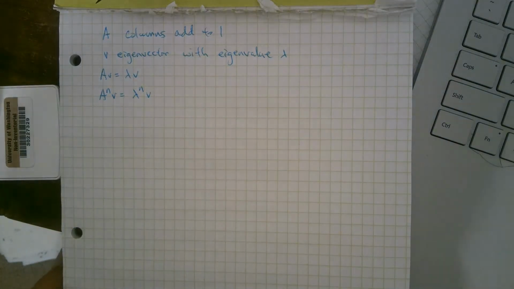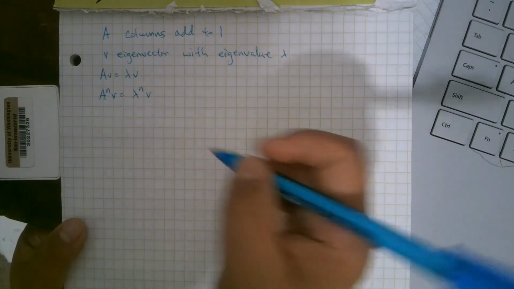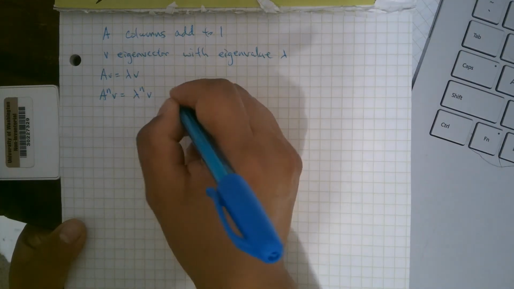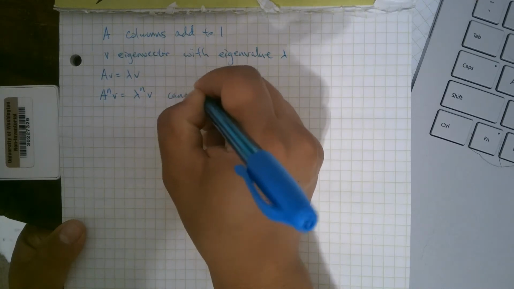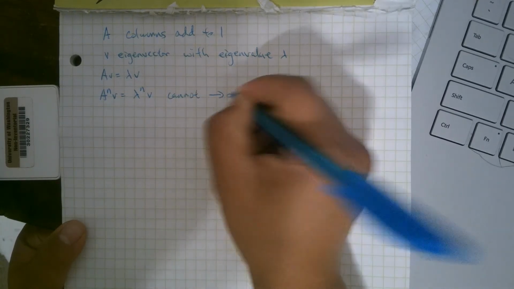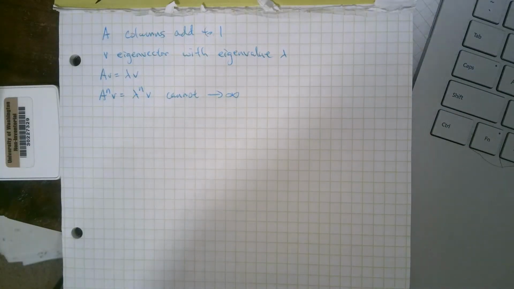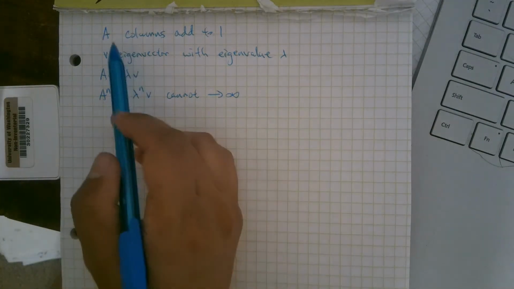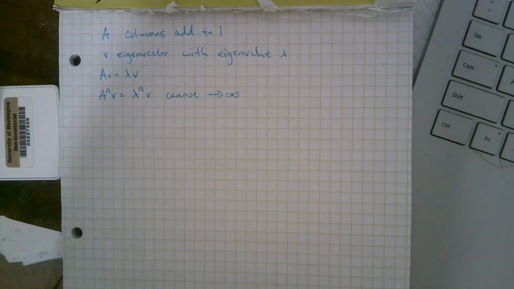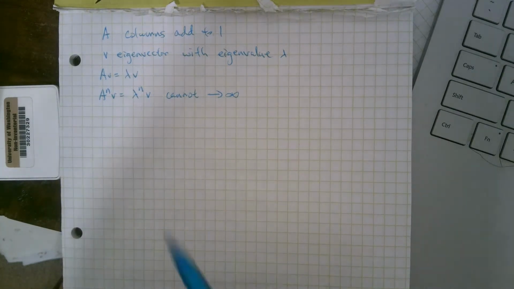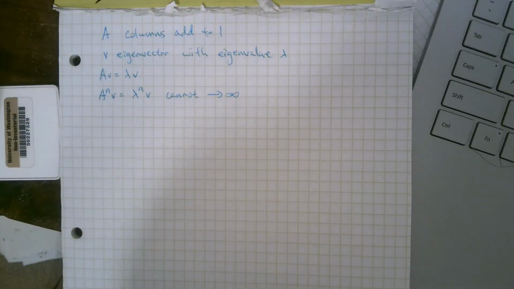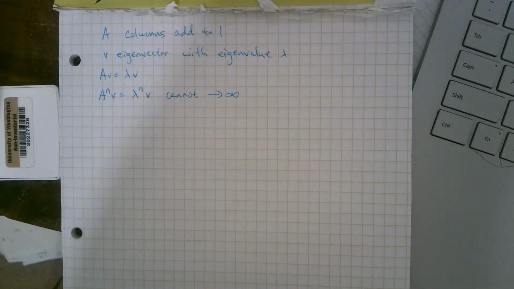Okay, now we cannot have this going to infinity, because the columns of A add to 1, so if I multiply by some state, I'm not generally going to increase the values in V. And actually, the V's that we're going to use will have the values in V adding to 1, so certainly not going to increase.